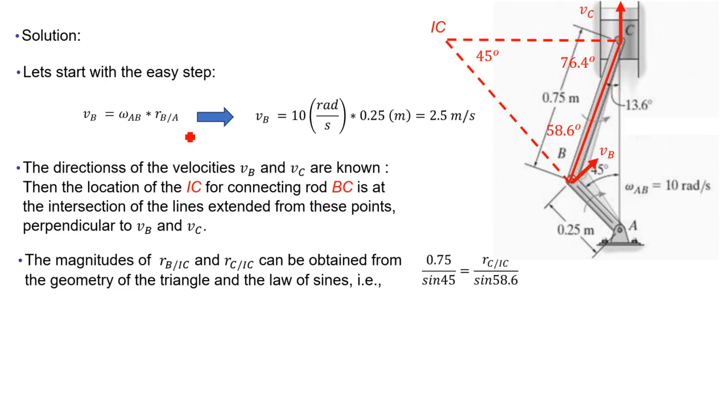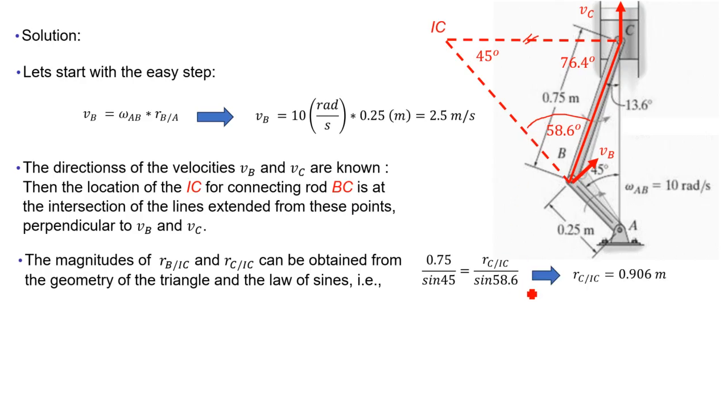So for the RCIC, I can simply have that the 0.75, which is the BC length, divided by the sine of 45, is going to be the same ratio of the RCIC, that link here, divided by the sine of that angle, which is 58.6.